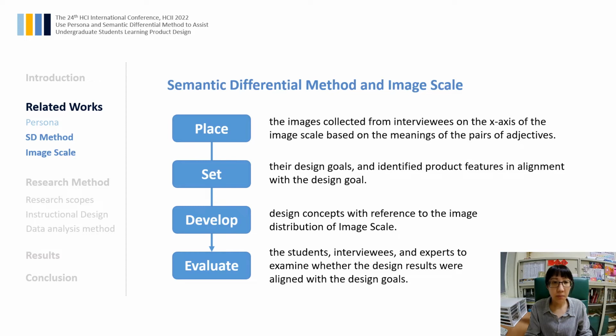So they have to place the relevant images based on the 150 images, and then according to the image scale set their design goals. Finally, they have to develop their design concept and use the persona and SD method to do the evaluation at the midterm and the final evaluation.